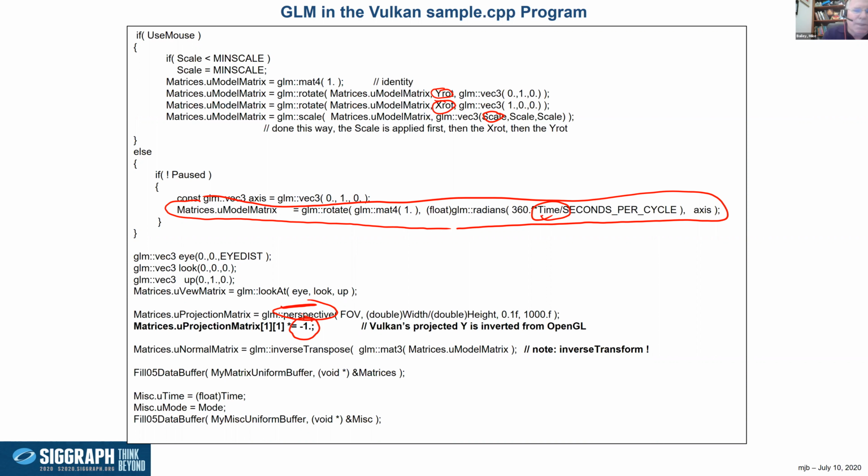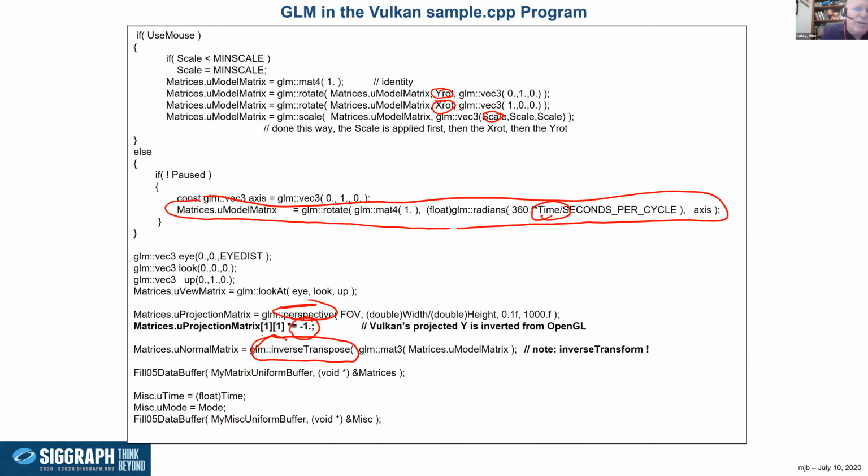Cool, that's it. Normal matrix, most of the time you think, well, the normal matrix should be the same as the model matrix, right? And most of the time it is. However, it really, really is the inverse transpose, not the model matrix. And so we set the normal matrix separately. And that's why in GLSL there's a separate normal matrix.